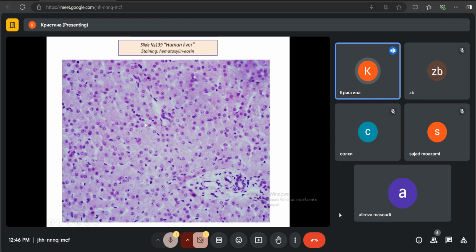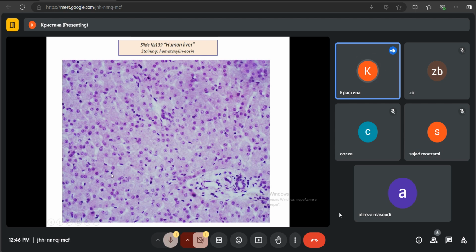Also in sinusoidal capillaries, here we see the small round cell nuclei, which resemble cell nuclei of lymphocytes, and these can actually be lymphocytes. I mean pit cells, which are natural killer lymphocytes.